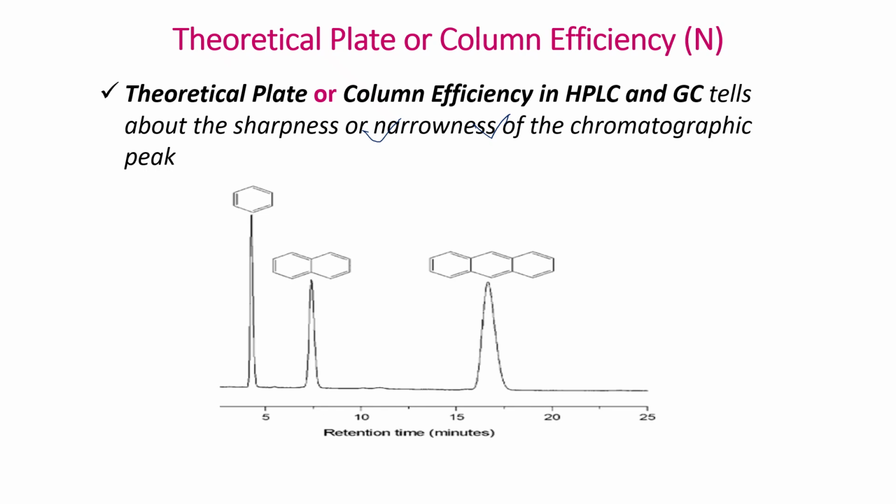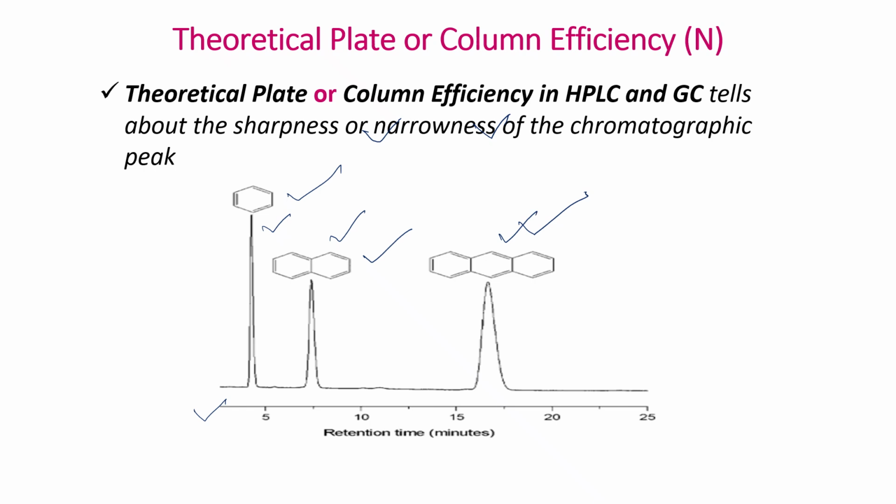Let us consider a chromatogram contains three peaks. Peak 1 is for benzene, peak 2 is for naphthalene, and peak 3 is for anthracene. You can see in the chromatogram, benzene peak is sharper compared to naphthalene peak, and naphthalene peak is sharper than anthracene peak.